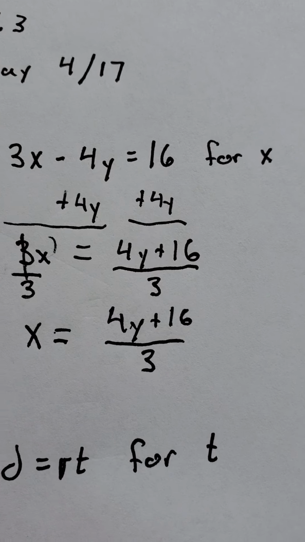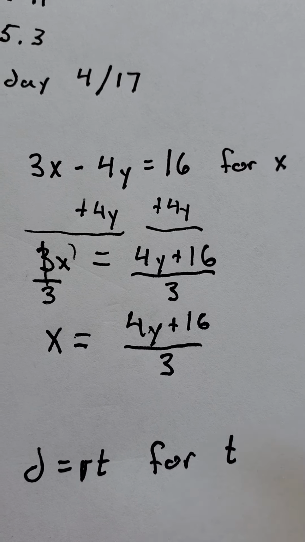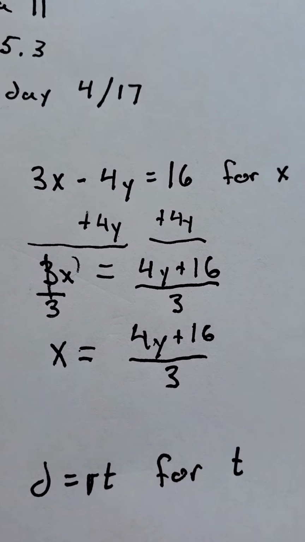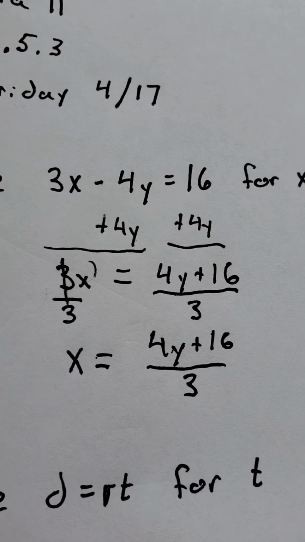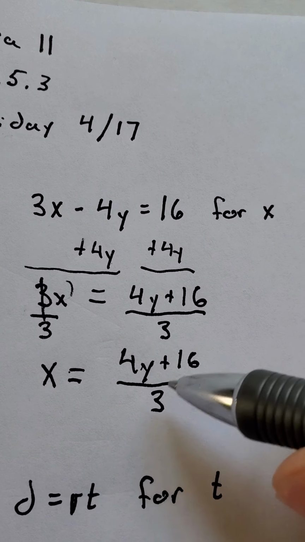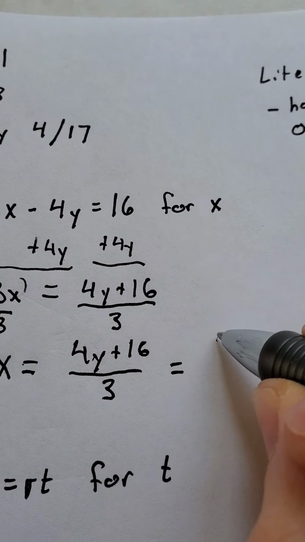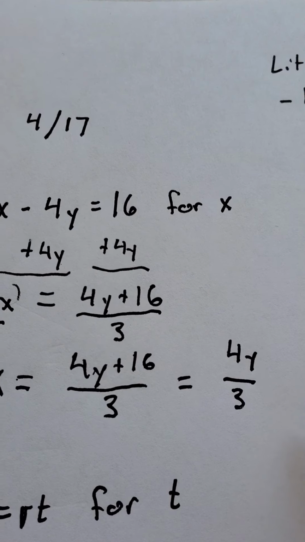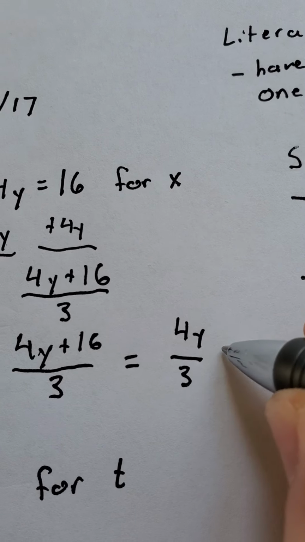Now, you can separate that fraction where there's addition here in the top. You can separate that fraction over that addition and write it this way. So we're going to separate the 4y and the 16. And you still write it over the same denominator, over 3.